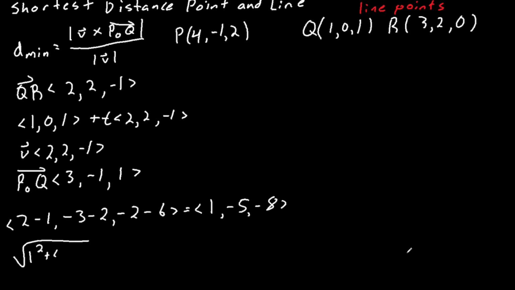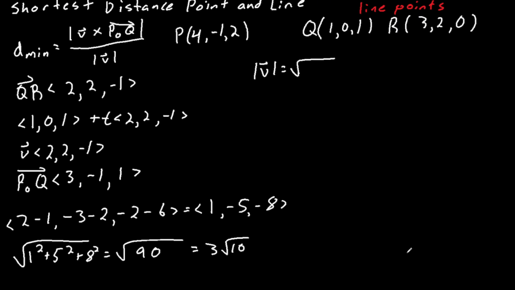1 squared, 5 squared, 8 squared is equal to the square root of 90. You can simplify this to be 3 square root of 10. And then let's find the magnitude of vector v. Vector v is 2, 2, and 1.